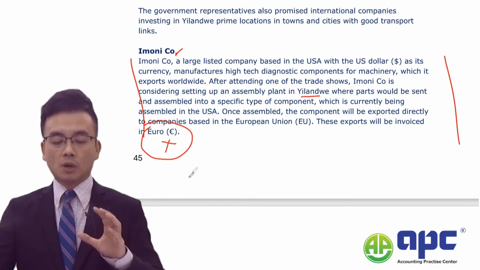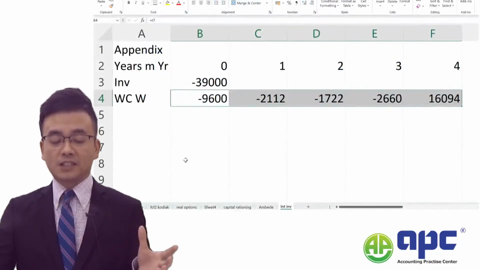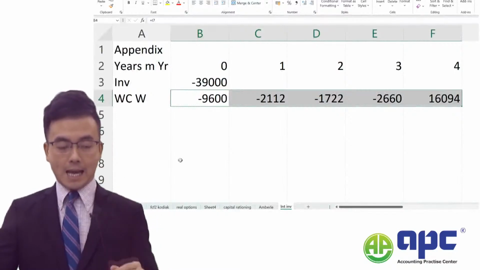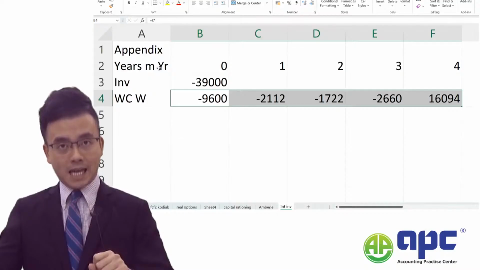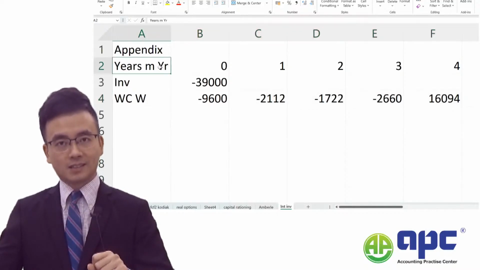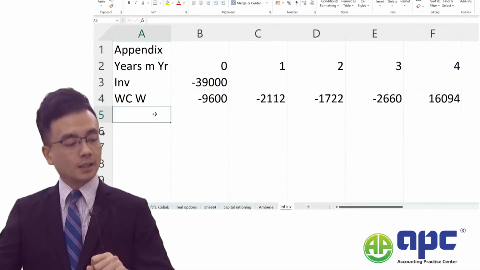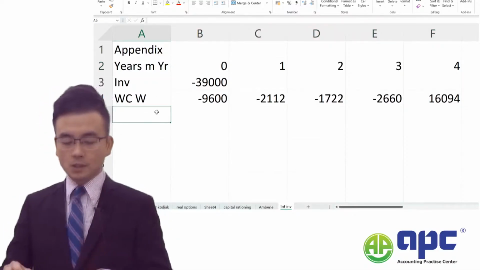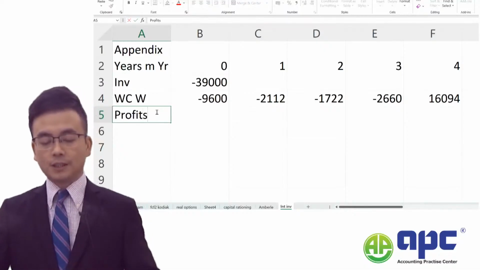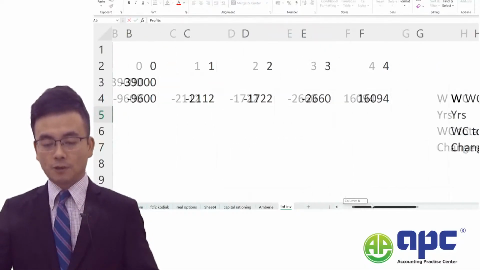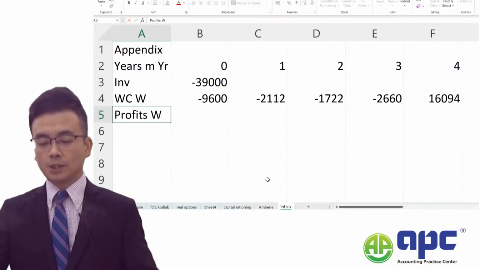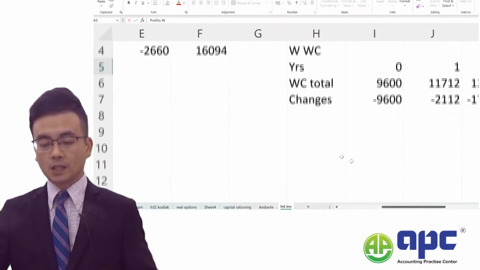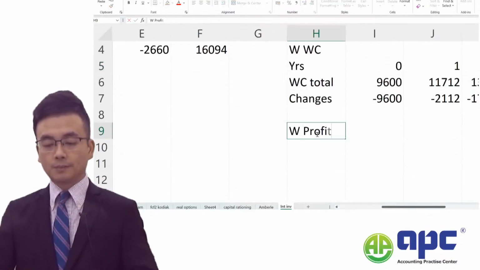That's why, when assessing the financial acceptability of the Yulanzi project, we need to convert that euro into the Yulanzi Ren currency. That's the big problem, and that's why we need to understand the profits. So let's start working on profit.